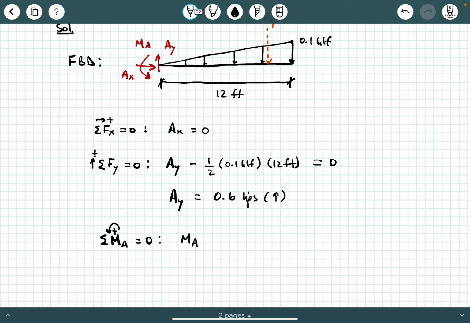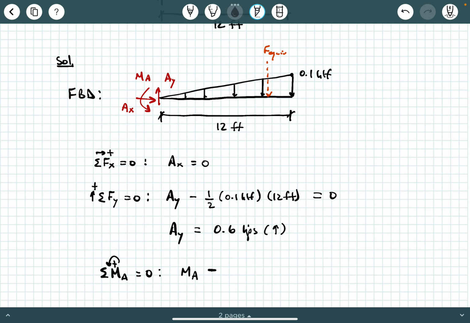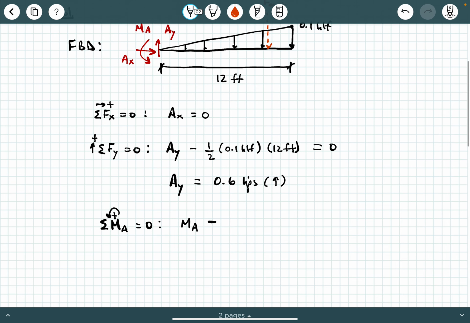Then I'm going to say minus, and I'm going to compute the moment about point A due to this triangular load. Now, that's going to be equal to that F equiv, which I already figured out, F equiv times what? Times a perpendicular distance, equals 0.